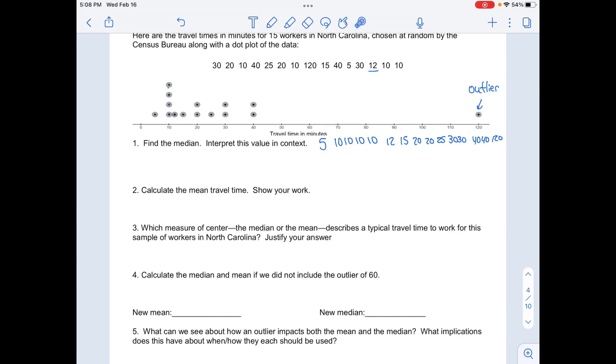Now I'm going to real quick make sure I do have 15. 1, 2, 3, 4, 5, 6, 7, 8, 9, 10, 11, 12, 13, 14, 15.